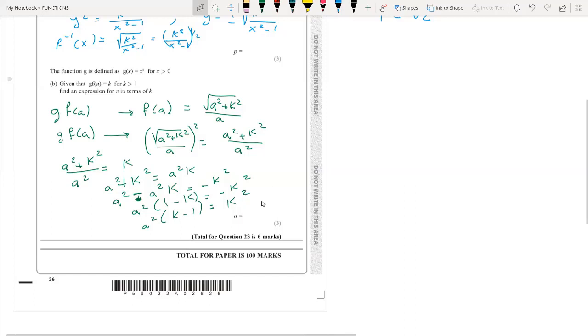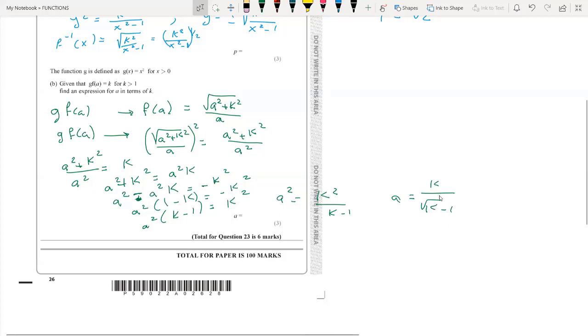From this, we get that a squared is equal to k squared over k minus 1, which gives me a equal to k over the square root of k minus 1.